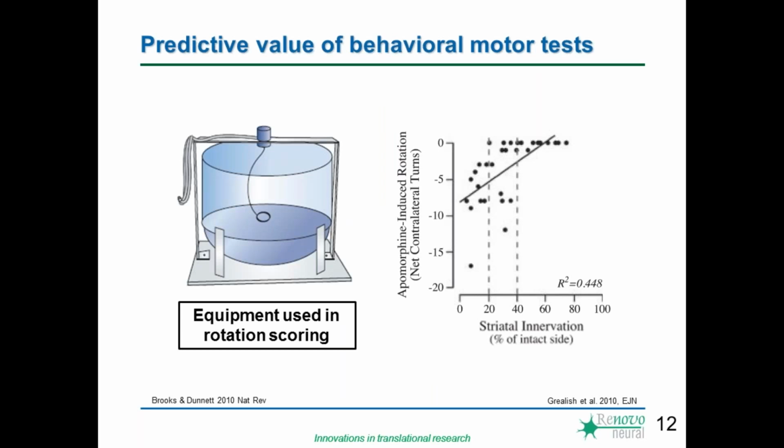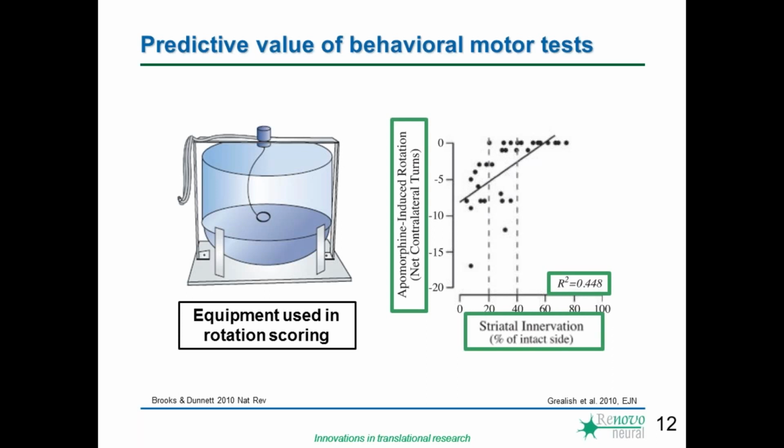The amount of net contralateral turns was correlated with the percentage of dopaminergic striatal denervation present after the lesion. This and similar tests can be a useful tool to exclude from the experiment those mice that do not have sufficient lesion before the drug or vehicle groups are formed.